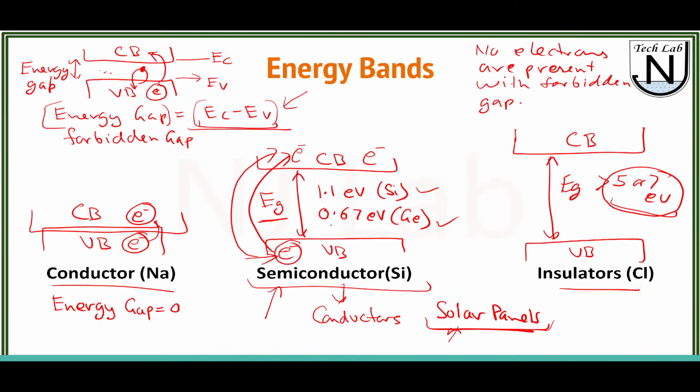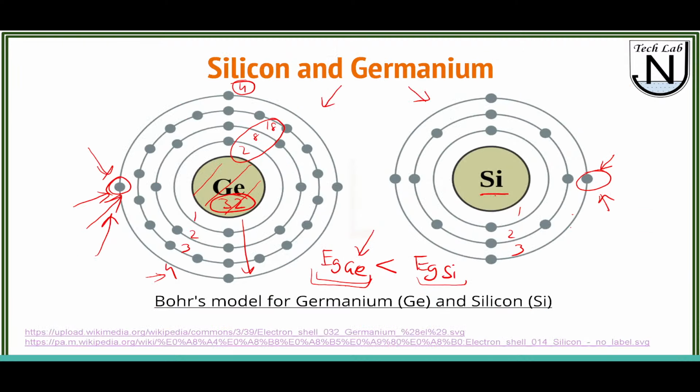Suppose, we know that for germanium the energy gap is 0.67, but let me take it as 0.5 just for a round off, and for silicon it is 1.1, let me take it as 1 electron volt. Now suppose somehow we get 10 electron volt energy.